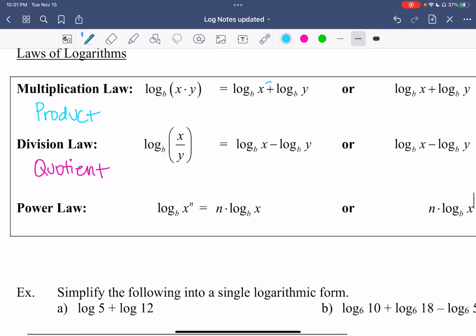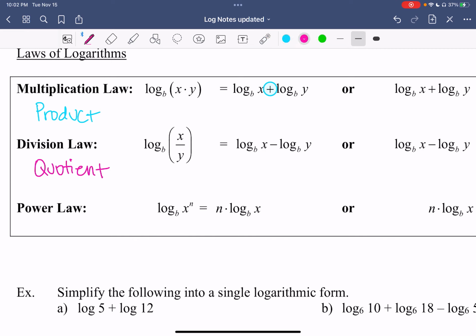Okay, so the plus here is important. So if you have two logs that are being added together, you can condense them. In other words, instead of having two logs, you can have one single log, and you're going to multiply the arguments, x times y.